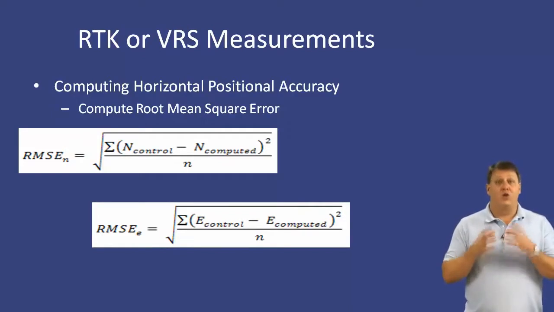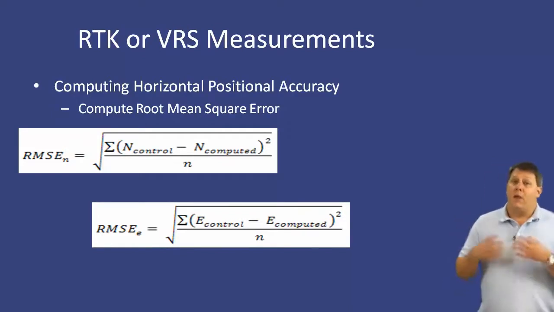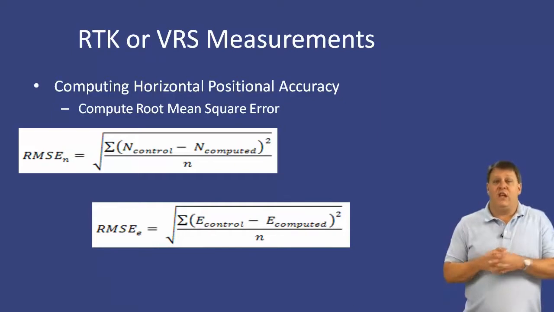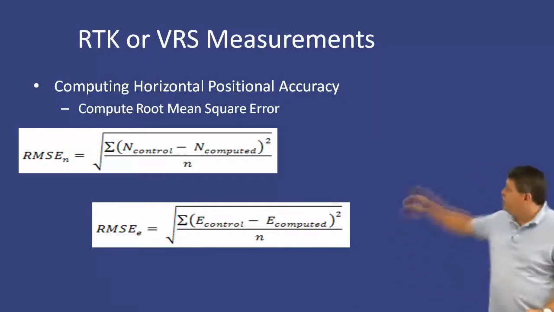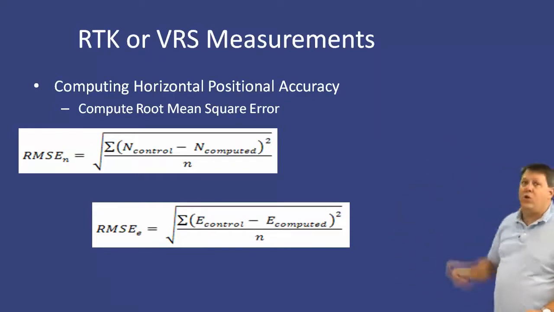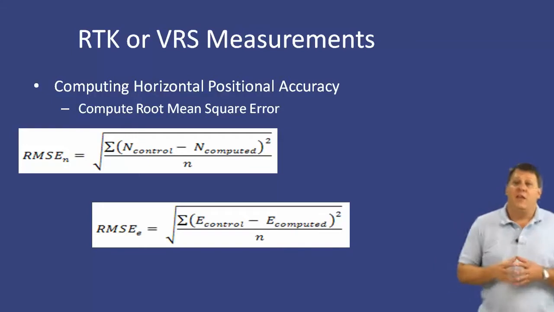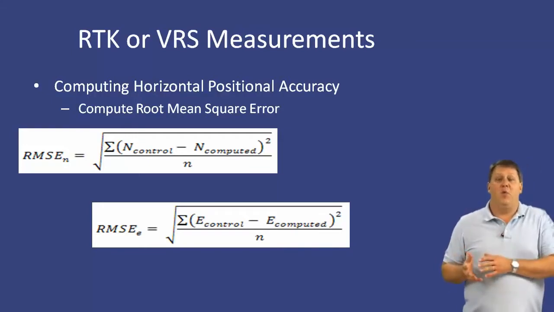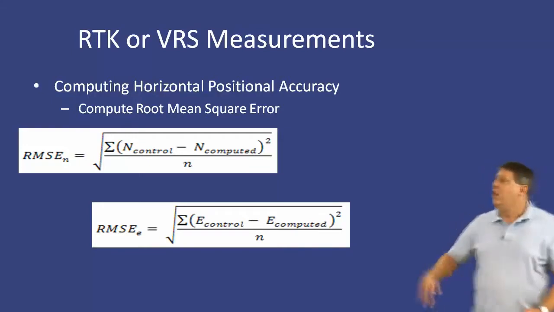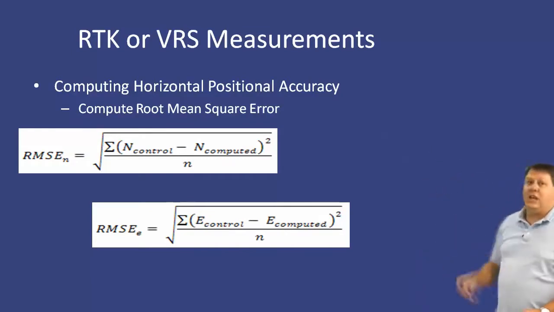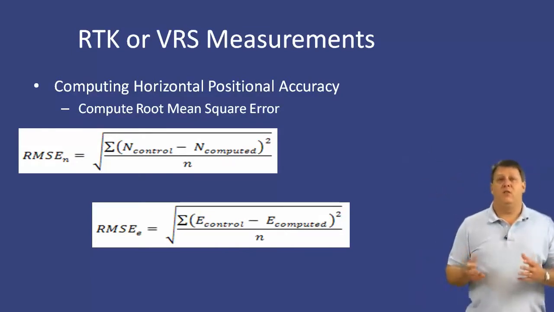That would be our control coordinate points. Maybe you shot a point and averaged it together. Well, that averaged answer is what you would put in for N control and E control. And then when you check into that point as a separate shot, you've got N computed and E computed, so that's your check shot values.